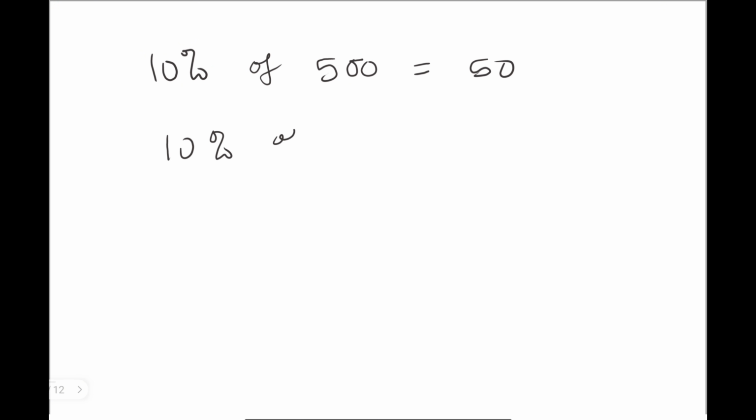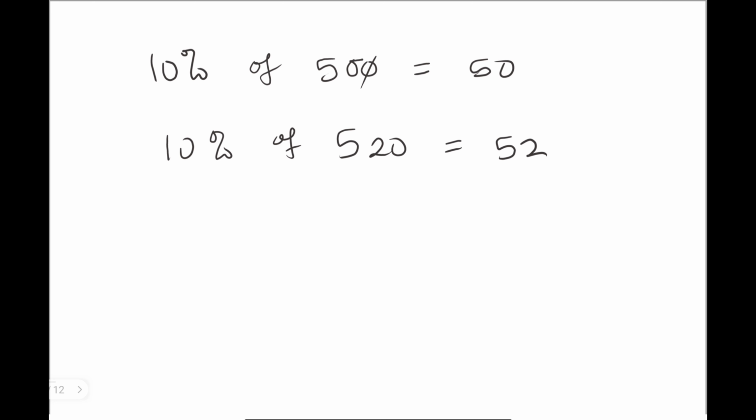Another special kind of percentage that I would like to talk about is finding 10% and 5% of something. So 10% of 500 is going to be equal to 50, 10% of 520 is going to be equal to 52.